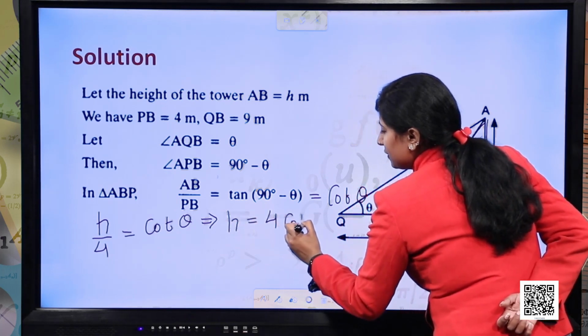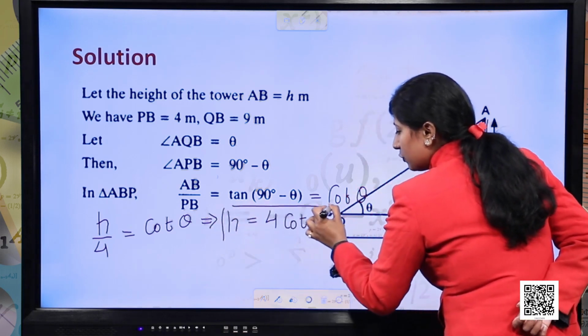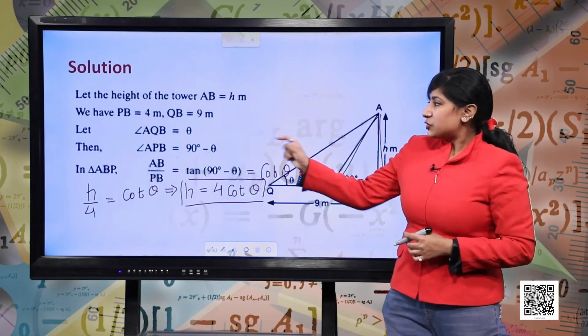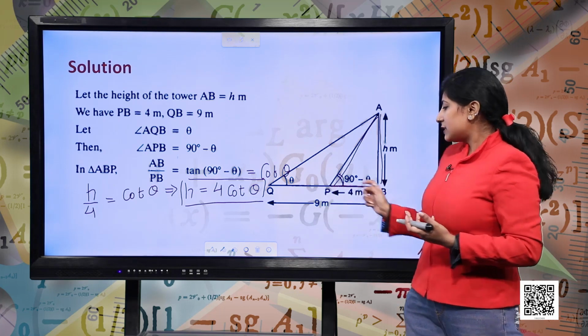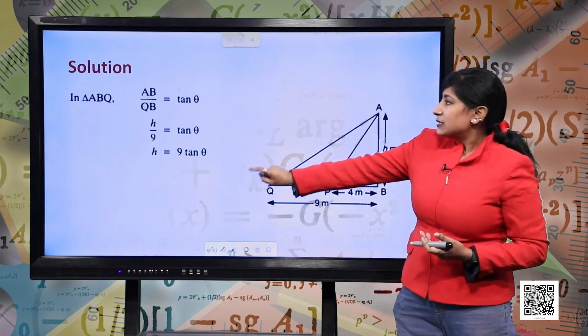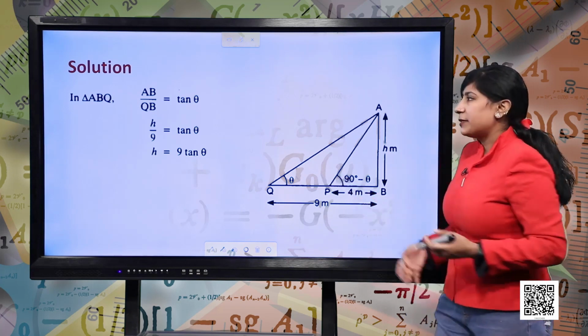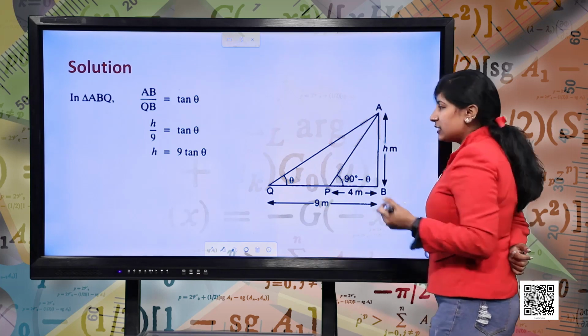Now you have to remember this value that we have found, h equal to 4 cot theta, because we are going to use this further in our question. Now this triangle we have taken is APB. Now we will take another triangle, that is AQB. See, in triangle ABQ or AQB, you can call it by any name you want, AB upon QB equal to tan theta.